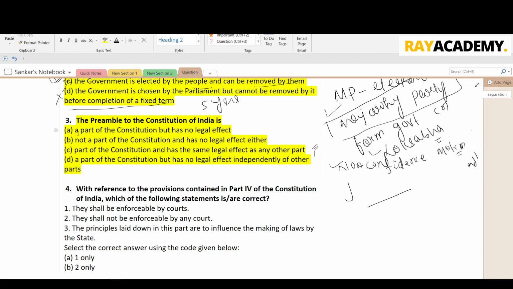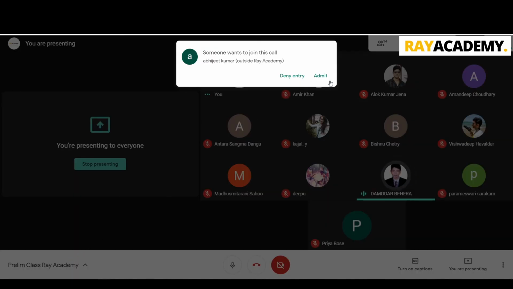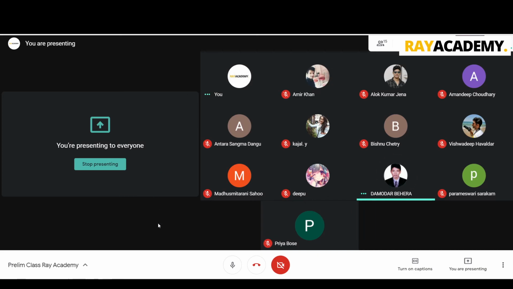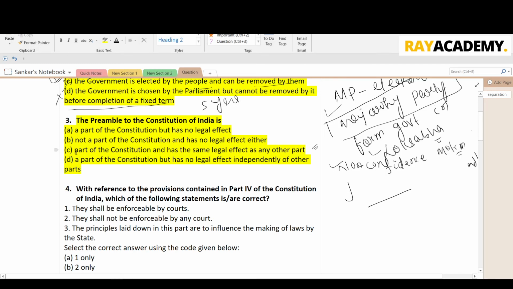See, the answer is option D. Okay, not C. Understand, part of the Constitution has the same legal effect?